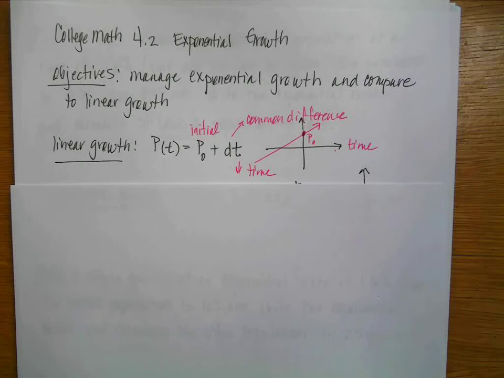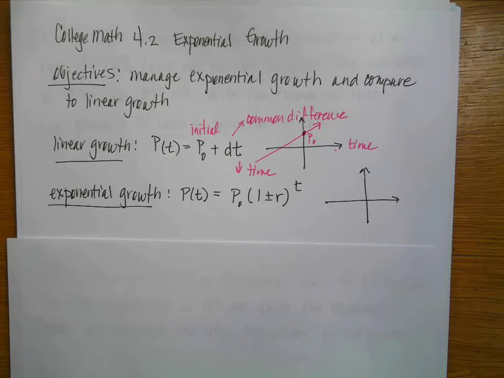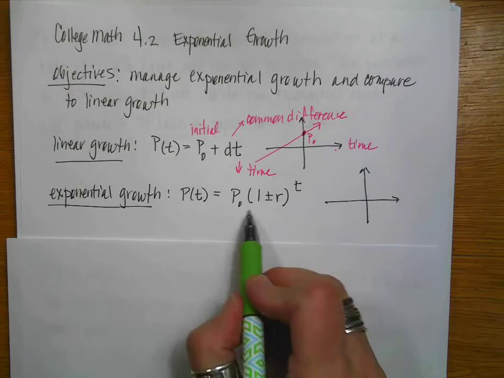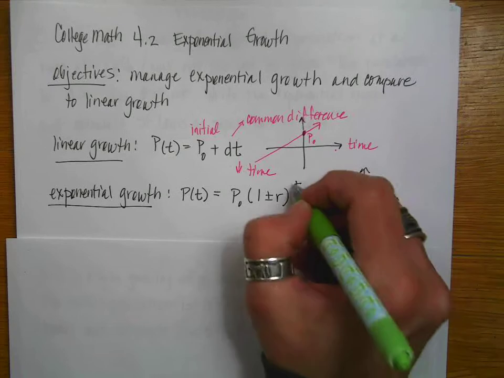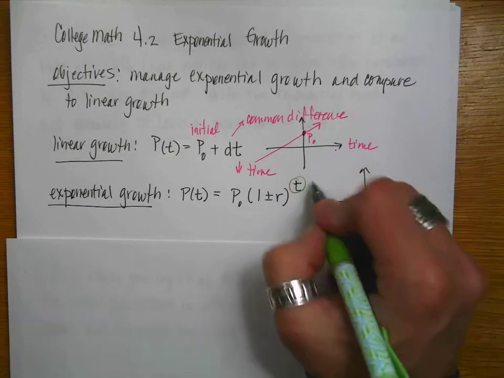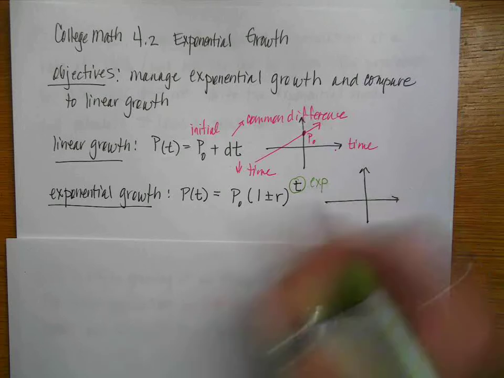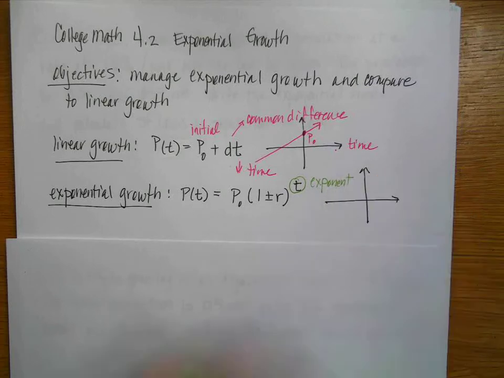So then what we're going to talk about, the next item, is exponential growth. For exponential growth, we have the same variables, but the equation looks a little bit different. The biggest thing to notice is that time is in the exponent position. So the variable now is in the exponent position.